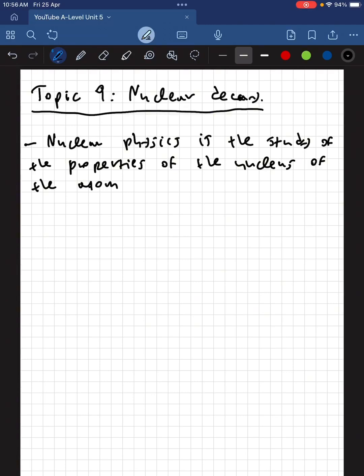And when we say properties, we mean how these nuclei move, so motion, what kind of energies they have, how they decay, which is the topic of this video. So decays, how they react, etc. Okay, so nuclei can interact with each other and various things can be observed.